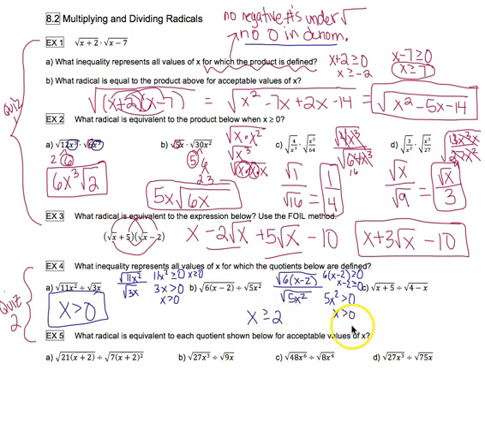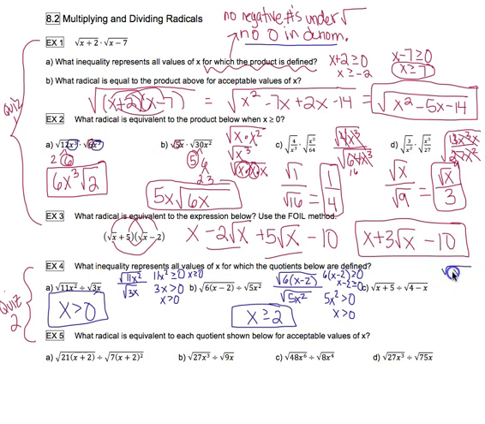Well, 2 is already bigger than 0. So greater than or equal to 2 is the more restrictive one. And so we take that one, because if it's greater than or equal to 2, it's automatically already greater than 0.